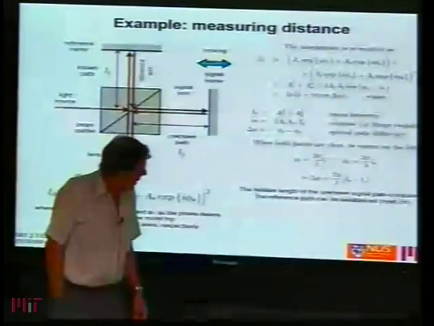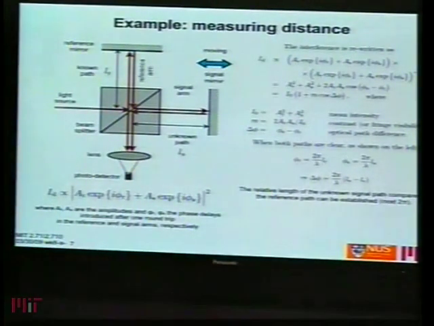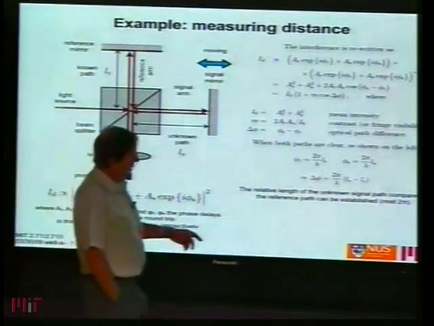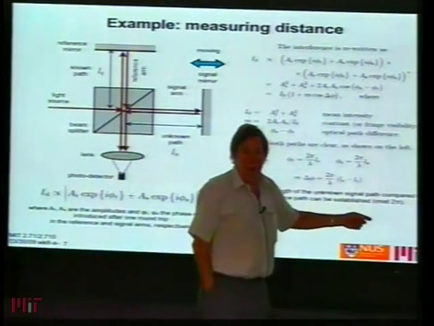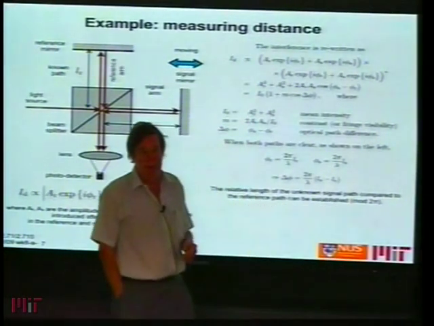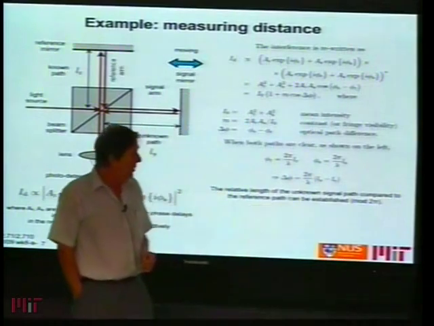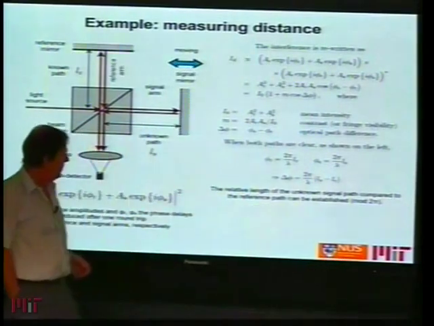So a lot of people have put effort into developing interferometric methods that give that extra information so that you can actually do what we call unwrapping, because they sometimes call this phase wrapping. The phase wraps because of the cosine, and so you don't know which of these lobes you're on.